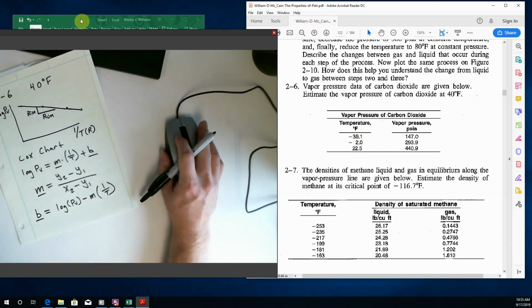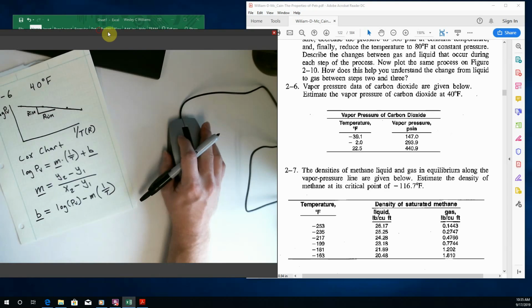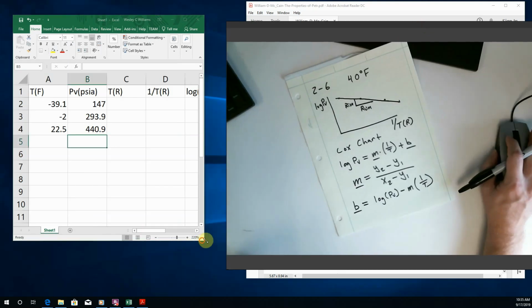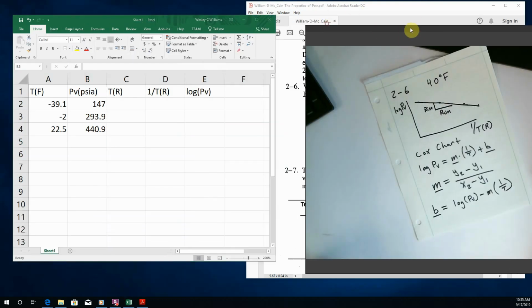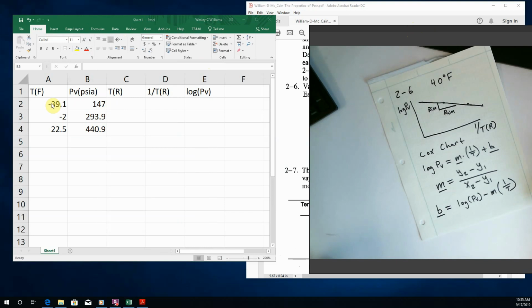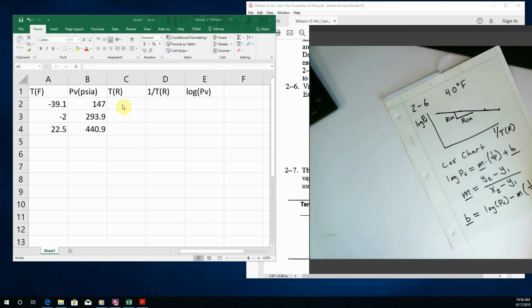So I thought the quickest way to do this would be to put it in Excel. So I went ahead and put the values in from the table. Here's our temperature and here's our pressure. First thing we need to do is calculate this in Rankine.